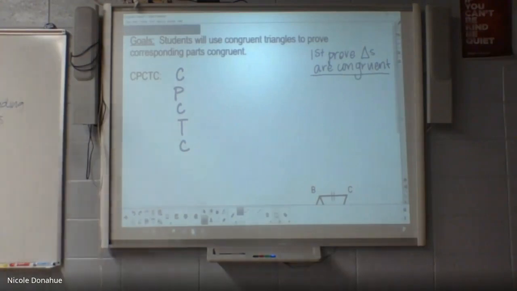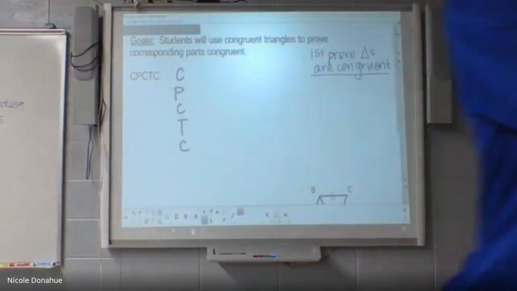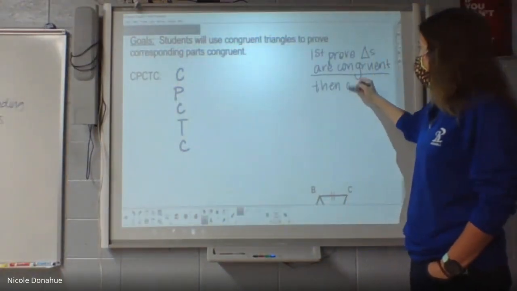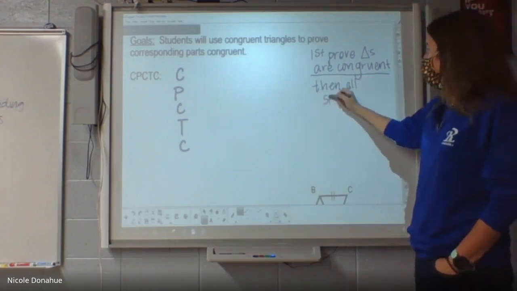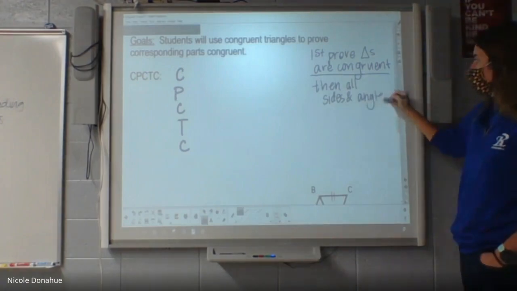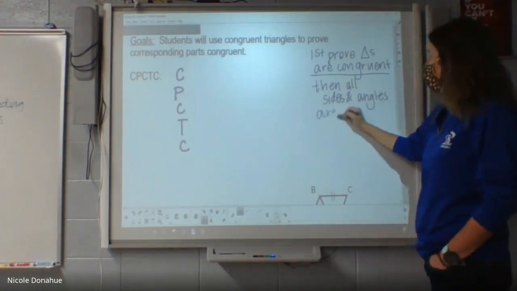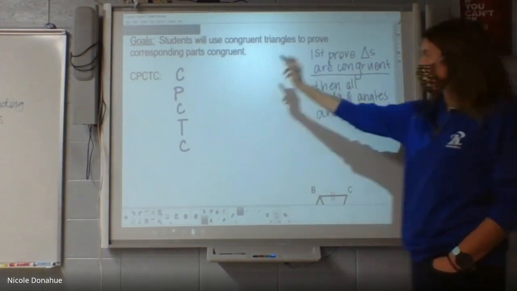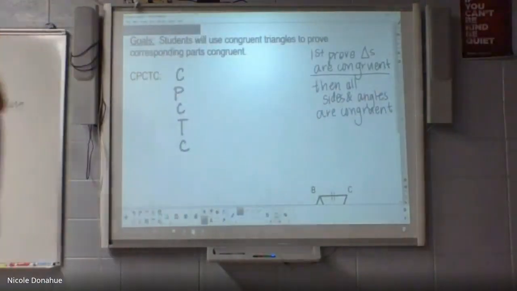So all the angles, all the sides must be equal as well. So this is the gist of what we're going to say right now. If we first prove the triangles are congruent, then all their parts have to be congruent as well.